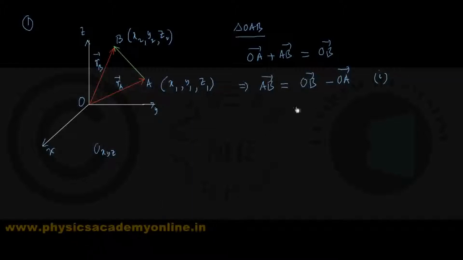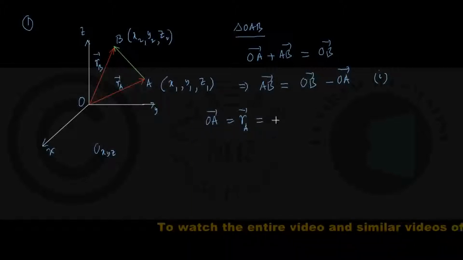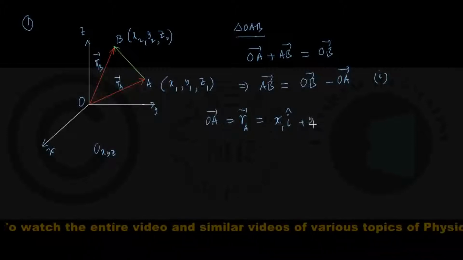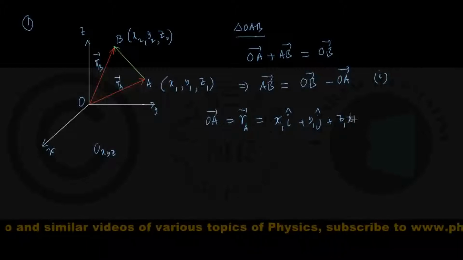And again, we have learned a little earlier that if I know A's coordinates x1, y1, z1, then OA, the position vector of the point A, could be written as x1 i cap plus y1 j cap plus z1 k cap. This is thanks to my equation number 1.